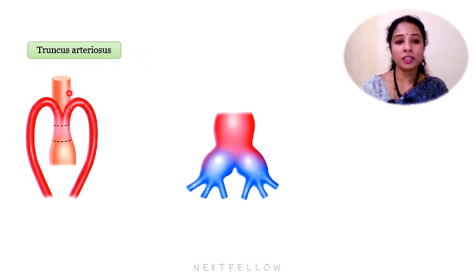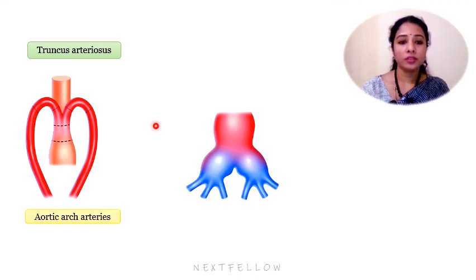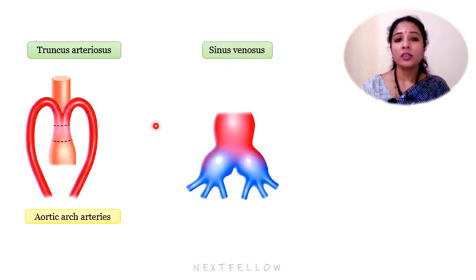Here is the cranial end which forms the truncus arteriosus, the arterial end, and it is continuous with the aortic sac. Cranially the aortic sac divides into 2 aortic arch arteries which invade the pharyngeal arches.